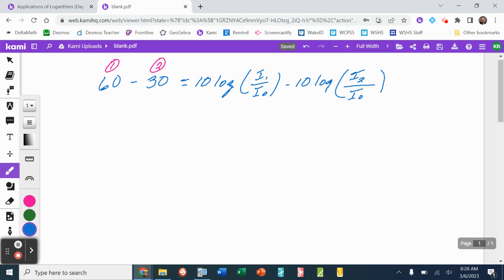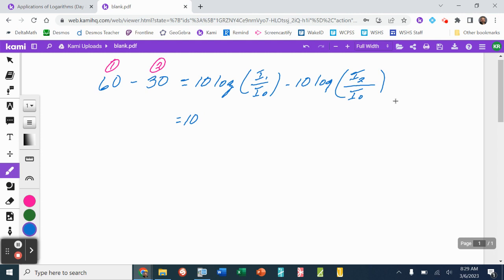All right, so at this point, I cannot use the quotient property like I did in the Richter scale, because both of these logarithms have a 10 in front of them. Now, there's a couple of options. I think the easiest option is to simply factor out that common term.